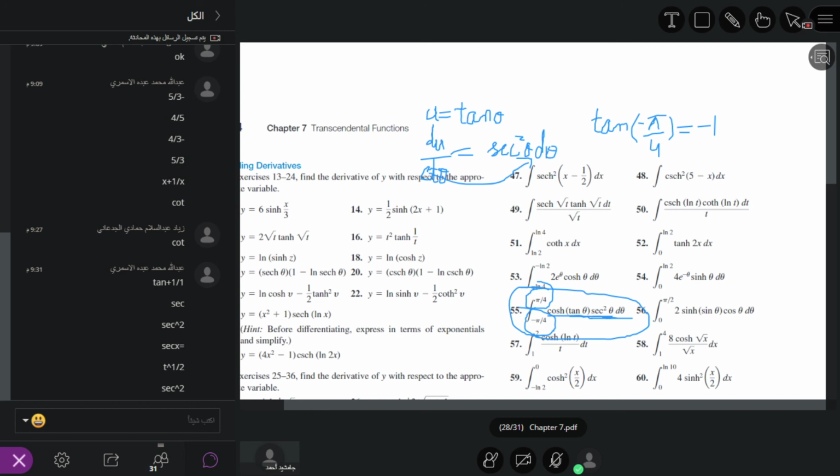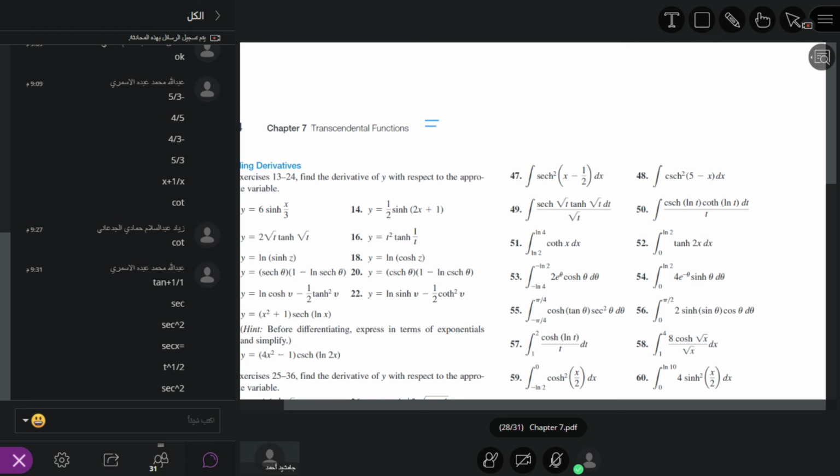Tan 45 is equal to 1. So thus the lower limit is minus 1, upper limit is 1.